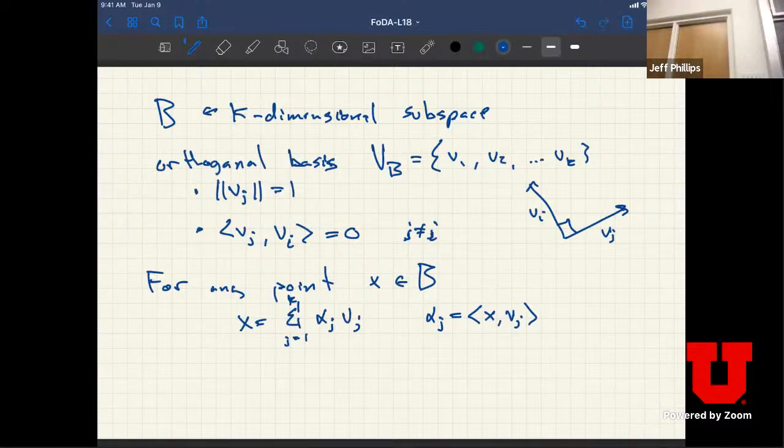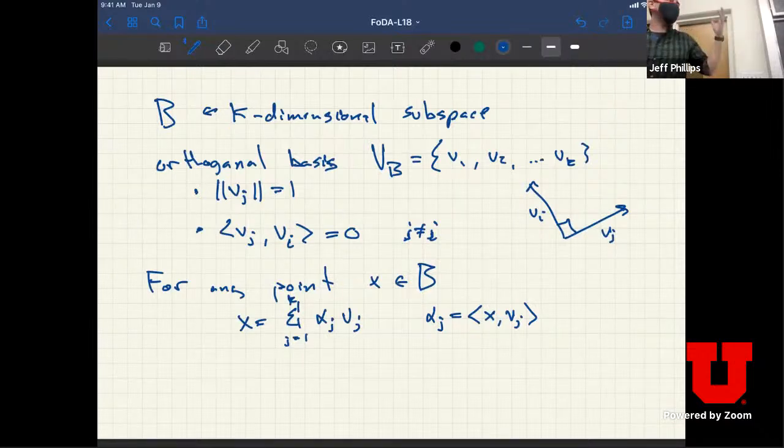If the orthogonal basis means that any point in the span of these vectors, any point x in B as well, I can recover it exactly by some coefficient times these vectors. Okay.